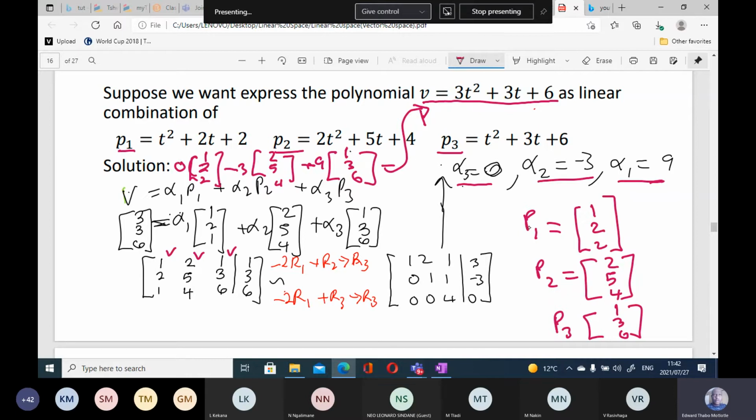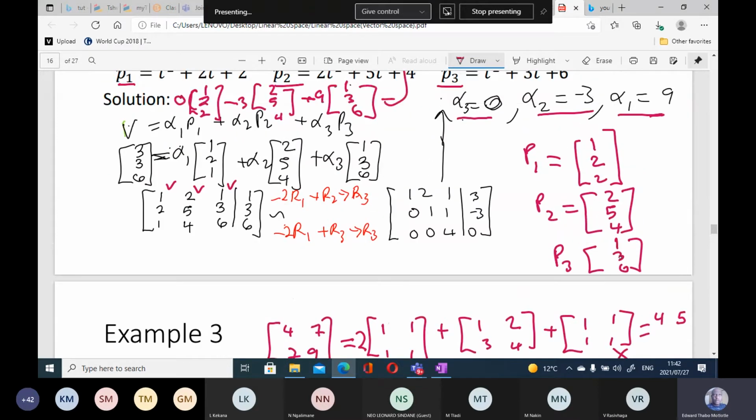So you can see here the first one, P1, I wrote it as 1, 2, 2, and P2 I wrote it as 2, 5, 2, and P3 I wrote it as 1, 3, and 6. So we are actually using column vectors.